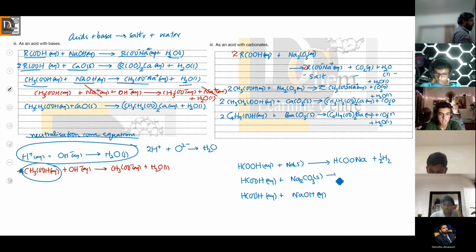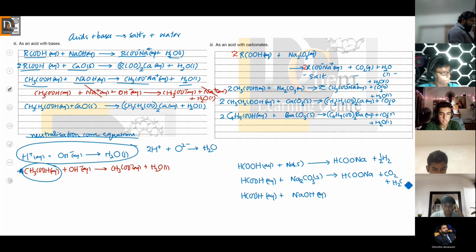And this, HCOONa, that's a salt. That's a salt, right? So don't follow those numbers. Follow the rule. Carboxylic acid plus carbonate should give you what? Sodium methanoate, carbon dioxide and water.